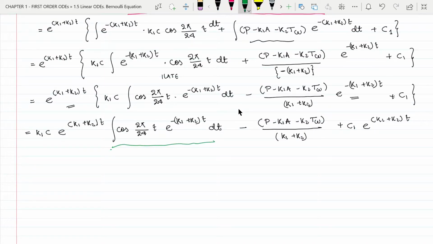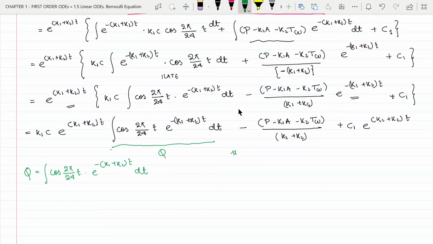Now let us take this term as q and find the value of q by using integration by parts method. So q is integration of cos 2 pi by 24t multiplied by e to the power minus (k1 plus k2)t dt.